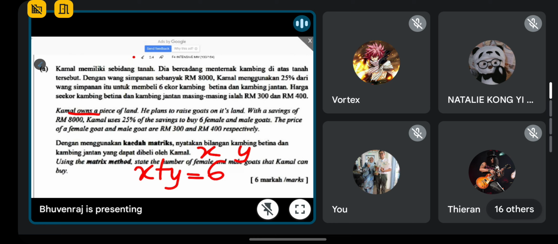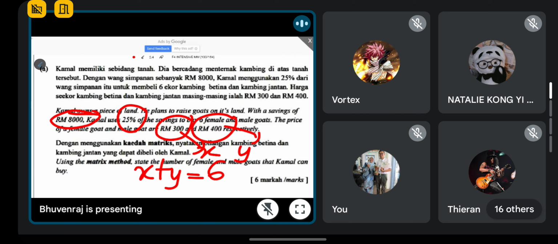Okay, so the only part you all need to know here is this part. Kamu kena ambil 25% darab dengan 8,000. 25% of 8,000, you will get 2,000. And then, nilai tu adalah sama dengan yang ni, 300x plus 400y. Because 300 and 400 mewakili harga bagi satu kambing jantan dan betina saja.